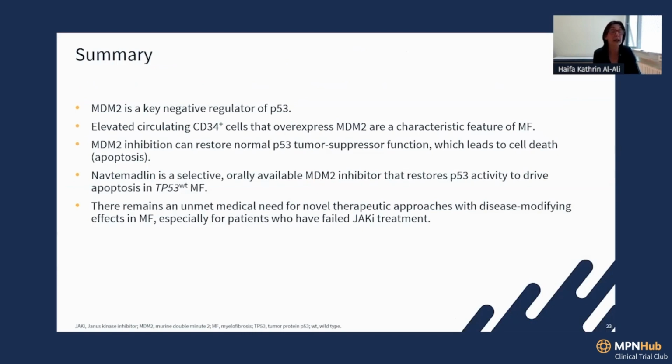And we have an MDM2 inhibitor called Navtemadlin, which has been shown to be active in restoring p53 function. And we still have an unmet medical need after failure of JAK inhibition in patients with myelofibrosis. With this, I will finalize this talk and jump right away to the second talk.